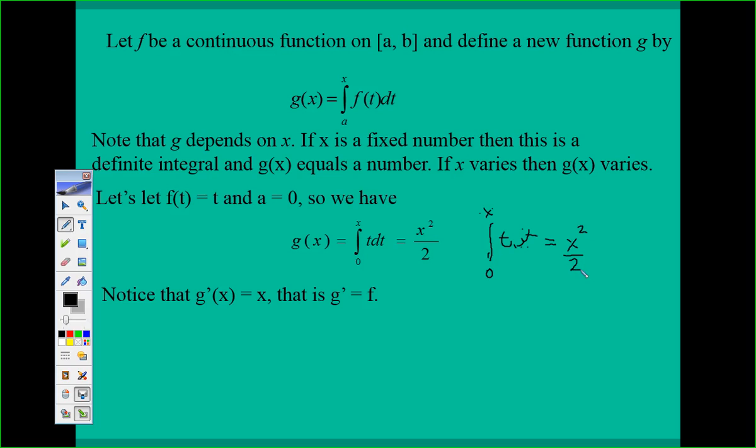What if we were to take the derivative of the result we found right here? If we took the derivative of x squared over 2, we would get 2x divided by 2, which equals x.